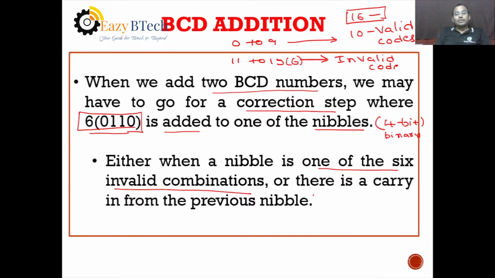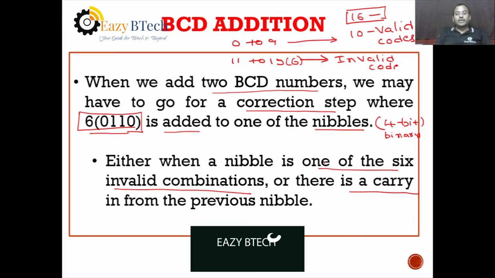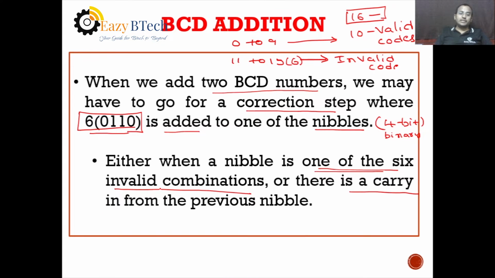Only 0 to 9 are valid codes, so whenever we get any code from 11 to 15, that is an invalid code, and to get a valid code word we have to add 6.